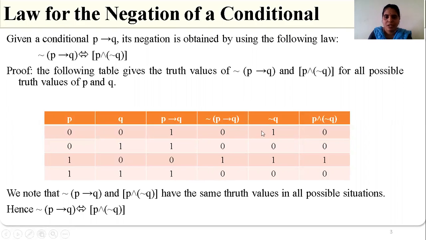The logical equivalence for this is, first we have to identify negation of Q. If Q is true, negation of Q is false. If Q is false, negation of Q is true.